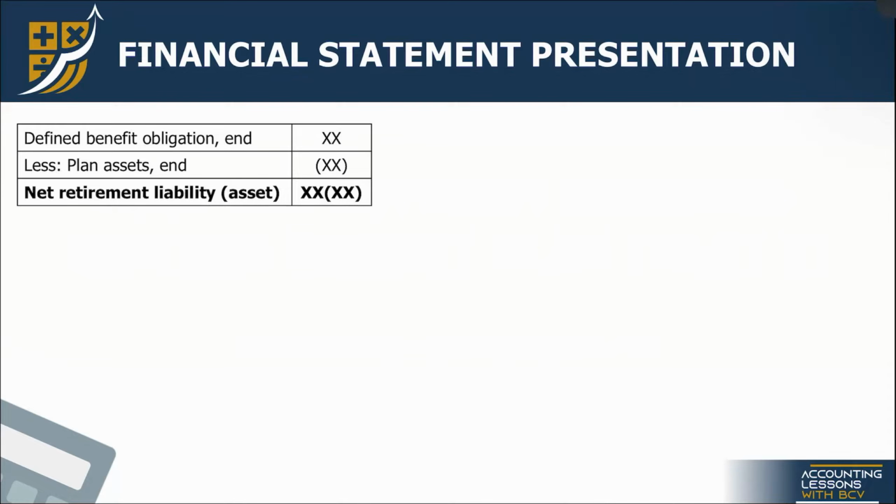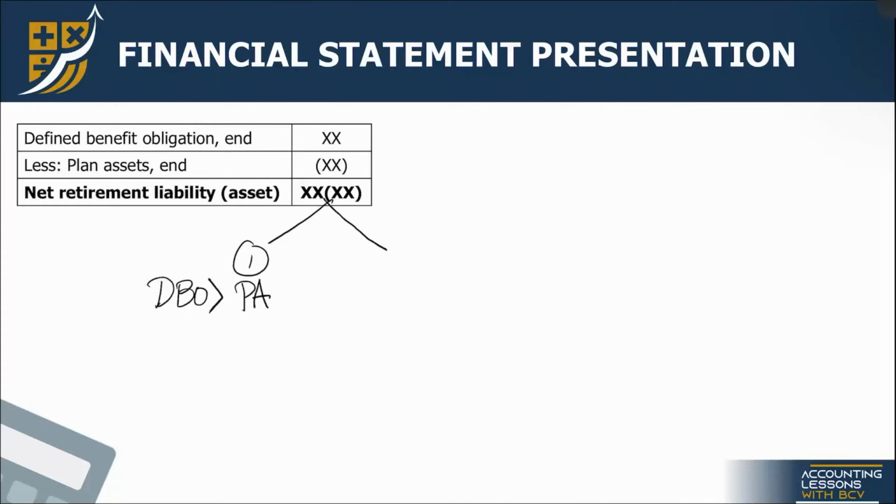How do we know if meron tayong net retirement liability or net retirement asset? That is just by simply comparing the amount of defined benefit obligation and plan assets. Okay? So case number 1. DBO is more than the plan assets.